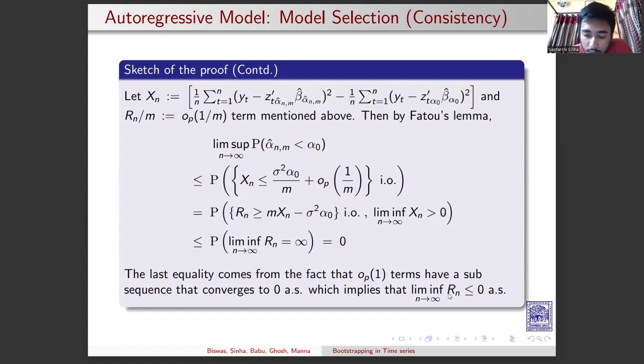Any sequence which goes to 0 in probability has a subsequence going to 0 almost surely. It's a very well established fact, and this implies that lim inf of R_n is less than or equal to 0, and hence lim inf of R_n equal to infinity is a set with 0 probability. Thus we have proved our result.